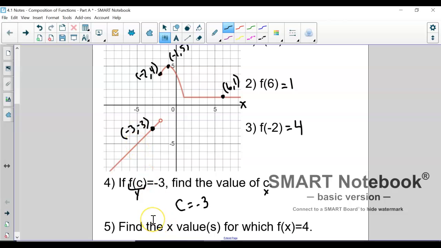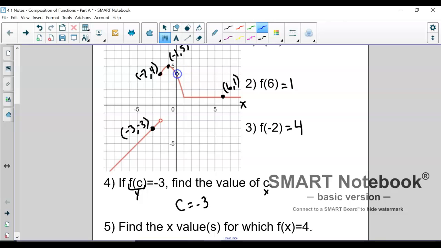For the last example that goes with this graph, it asks us to find the x value or values for which f of x equals 4. So we're looking for where our y coordinate equals 4, which is going to happen right here. We've got 2 points where our y coordinate is 4.